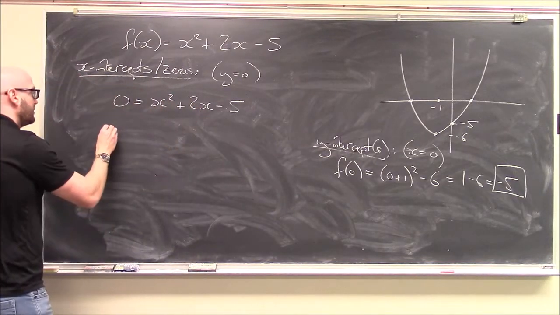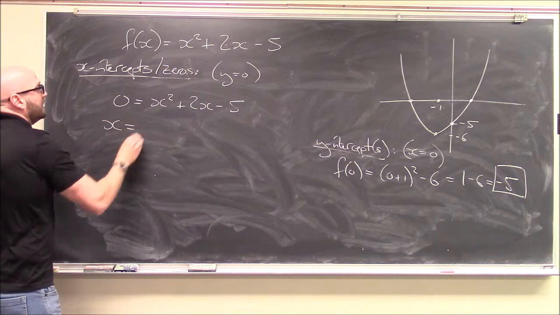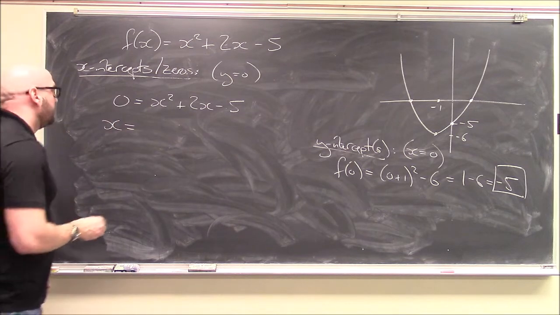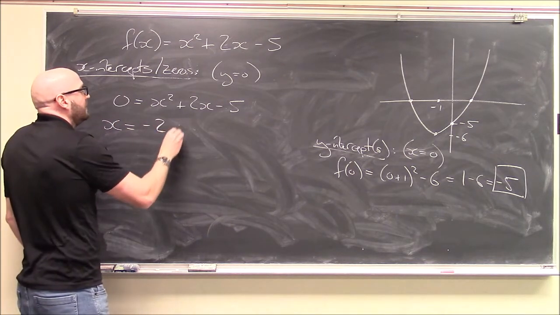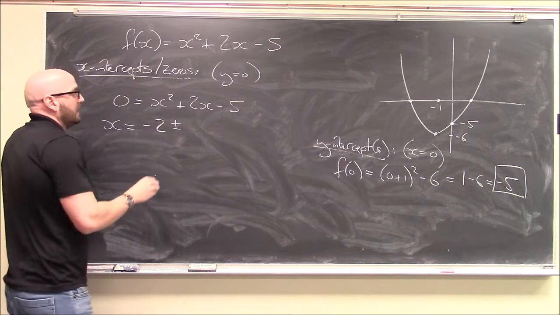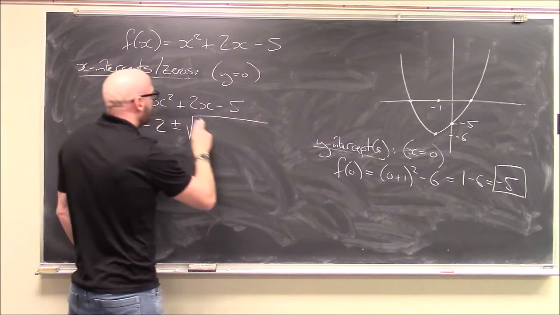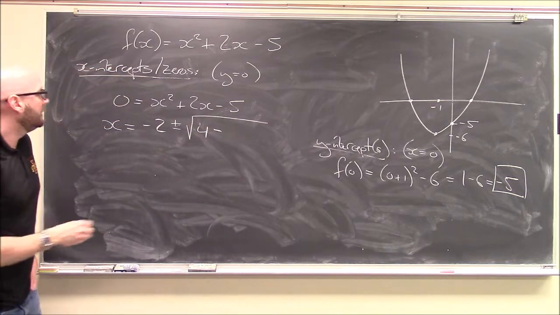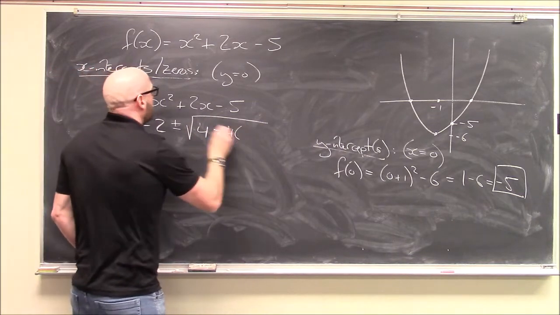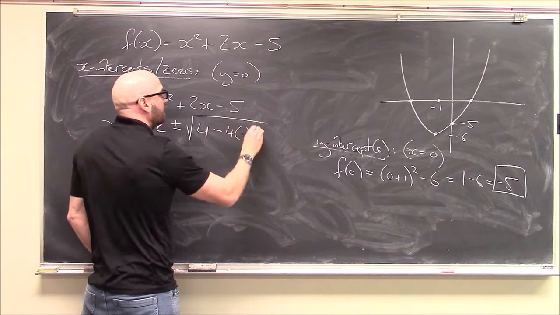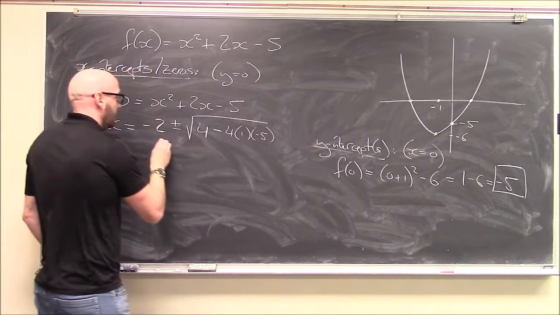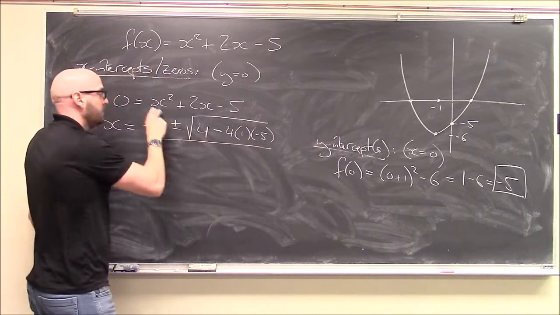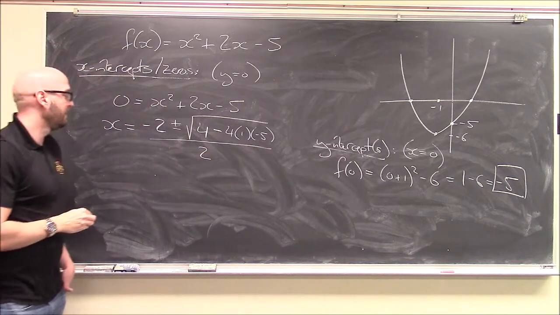We're going to go to the quadratic formula, which says x is going to be minus b, so minus 2, plus or minus the square root of b squared, so 4, minus 4ac. 4 times 1 times minus 5, all over 2a, 2 times 1.